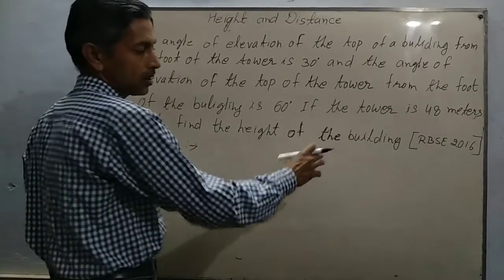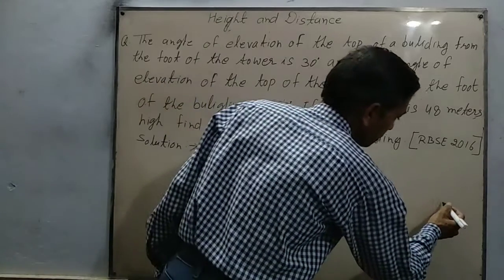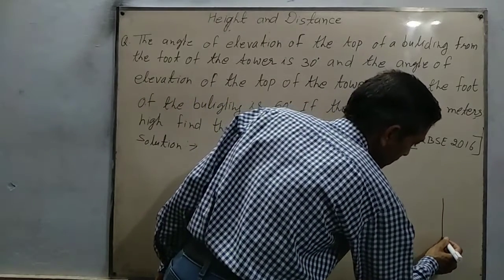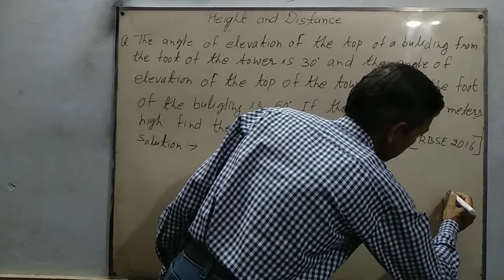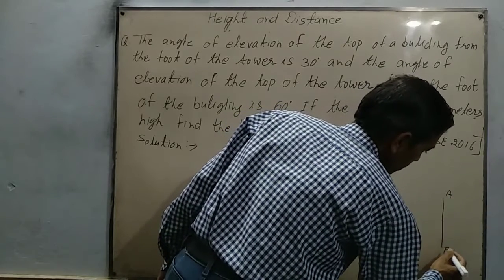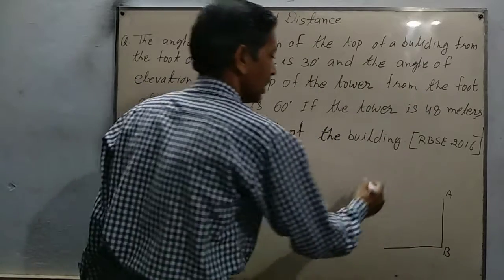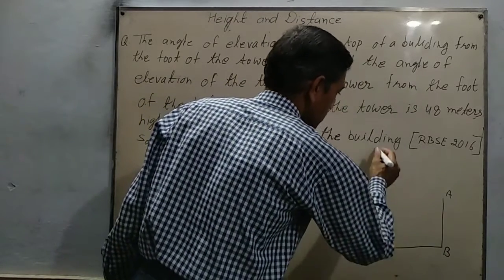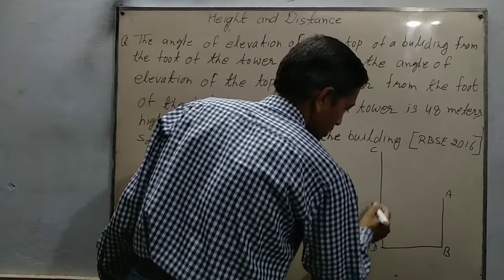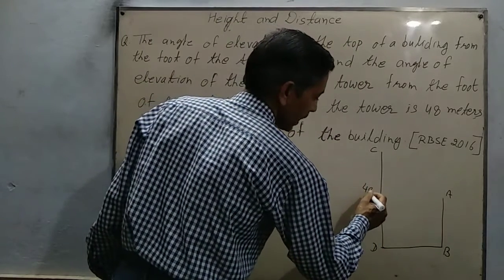According to question, first we draw a figure. Let AB is the building and CD is a tower which is height is 48 meter.